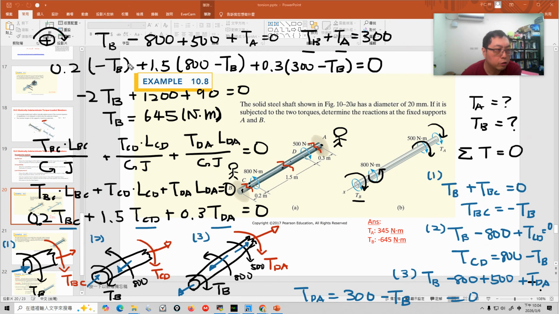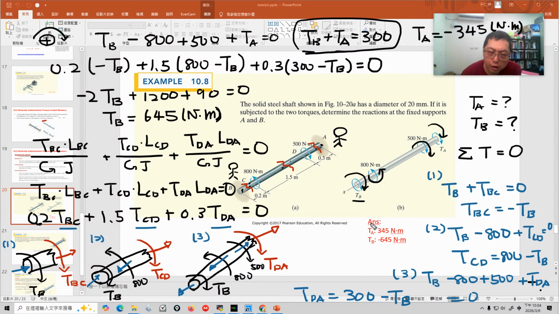Okay, and using this equation with the rigid body equilibrium, you will get TA. TA is equal to minus 345 Newton meters. So we got TB and TA.